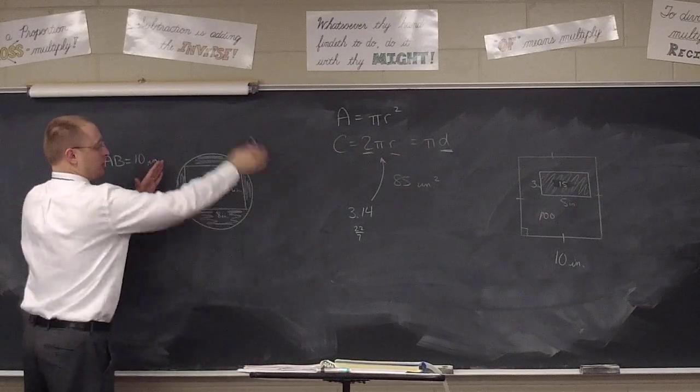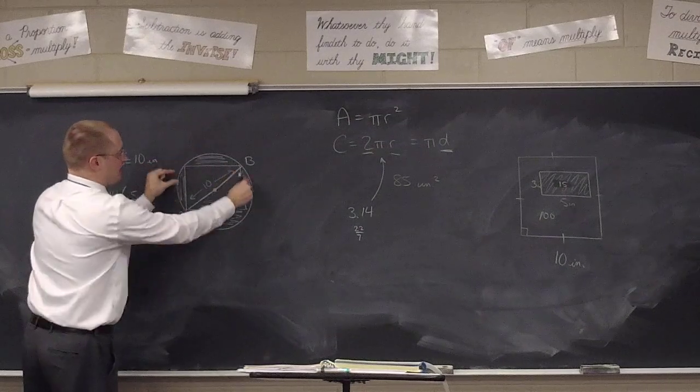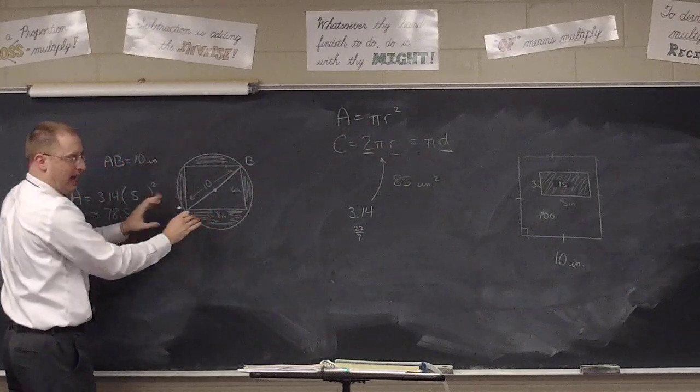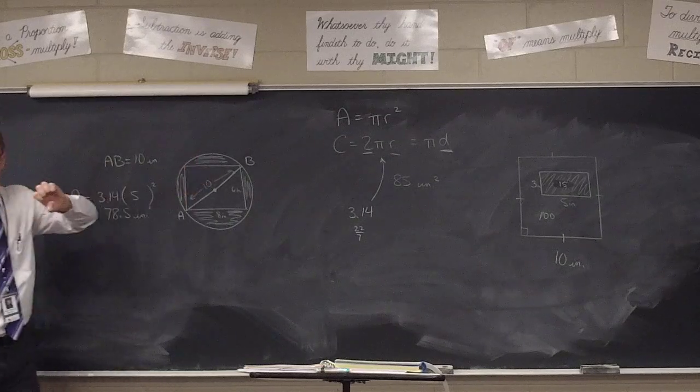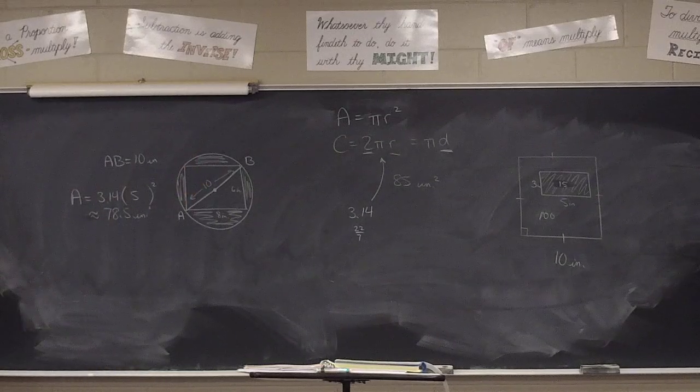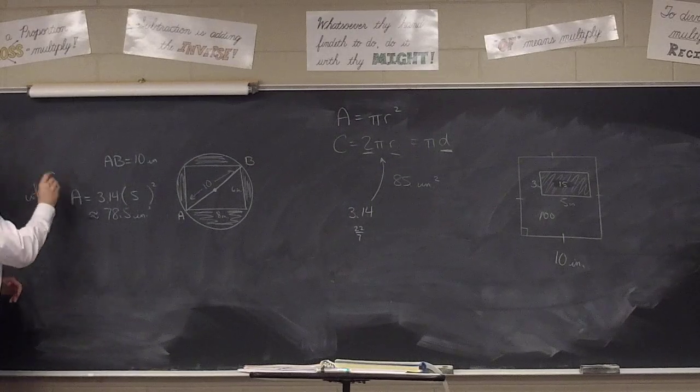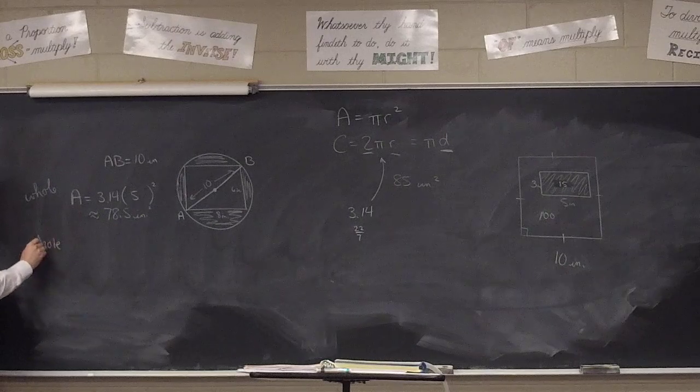So that's the area of the entire thing, right? But if I only want the shaded region area, I would have to do what? Take out the rectangle, right? And what is the rectangle's area? 48. Right, 48. So we're going to subtract the hole from the whole.